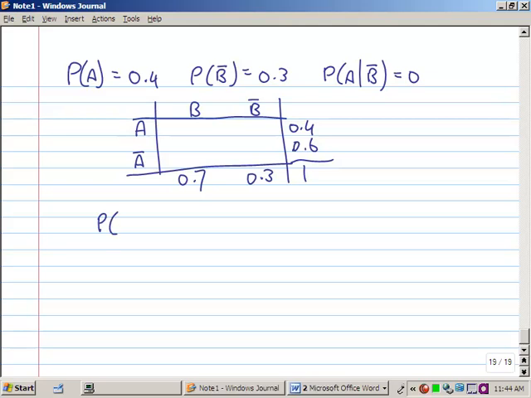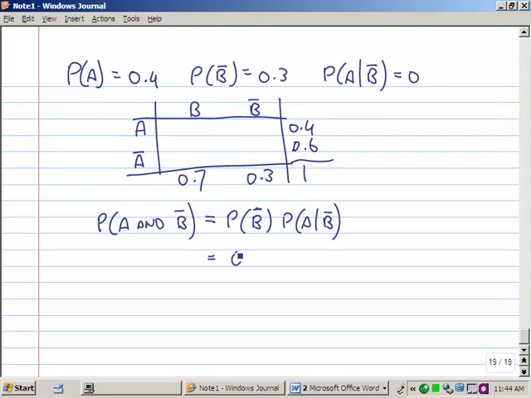So let's write out a multiplication rule which will incorporate that. The probability of those two events, A and B bar, will be equal to the probability of something times the probability of A given B bar. Since B bar is conditioned over there, it'll be the probability of B bar.